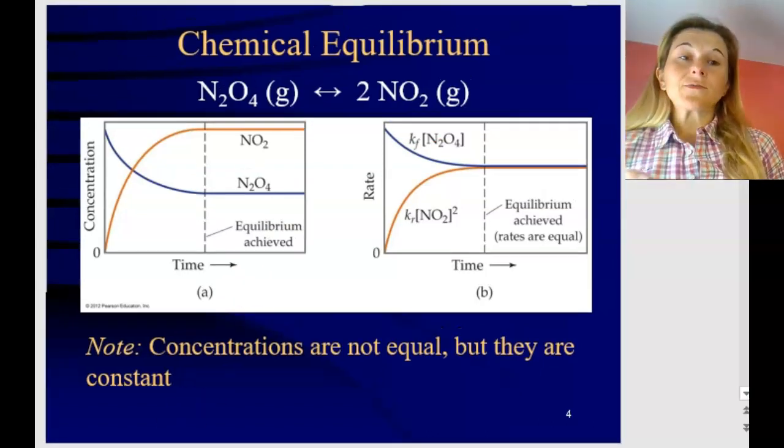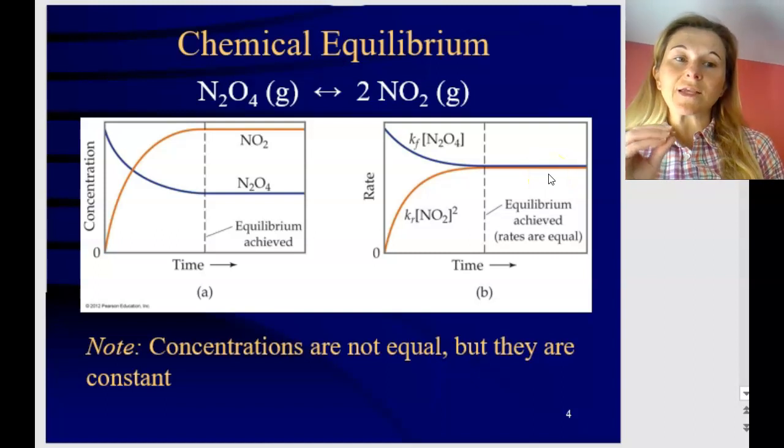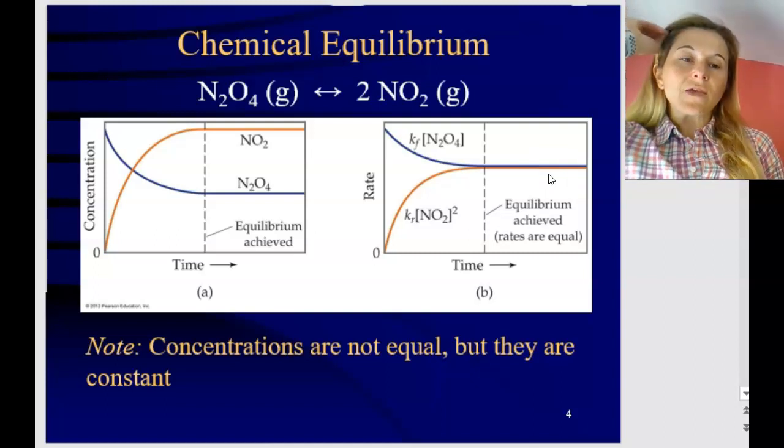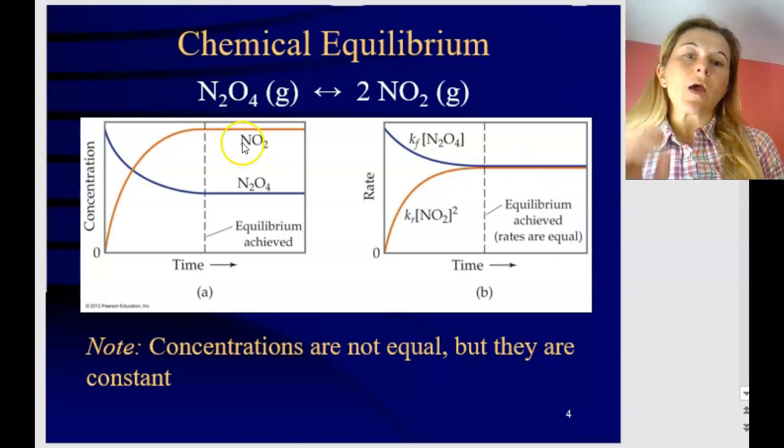Okay, so as we move forward, we're going to talk about the equilibrium constant. You want to keep in mind that equilibrium means that the rate is equal for reactants being used up and products being produced, but the concentrations are not equal. They are constant. So got to keep that in mind.